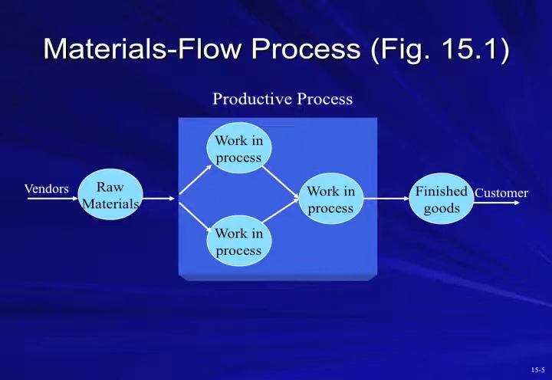Figure 15.1 gives you an example of a flow chart of the concepts that we just talked about. You can move product from your raw material into the shop floor, and there could be several stations going on in work in process at the same time. But once you've completely produced the product, it gets moved into finished goods and is ready to go to a customer.